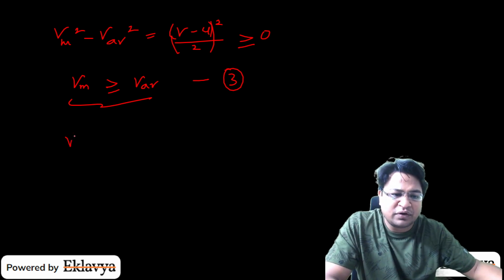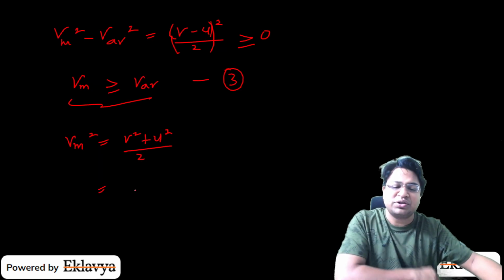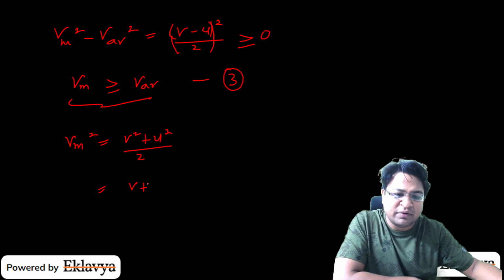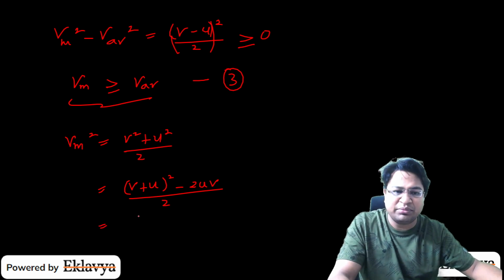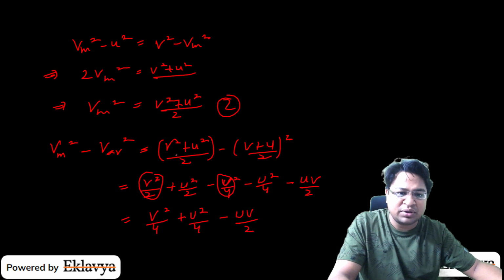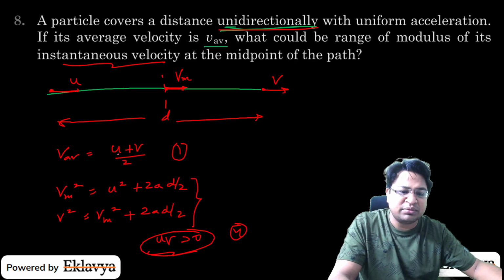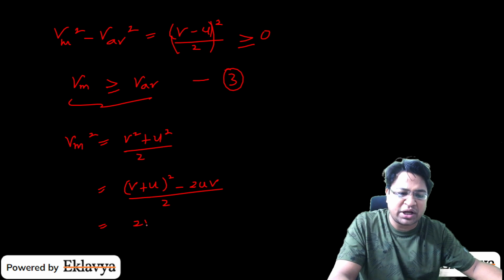Let us start from Vm square is equal to (V square plus U square) by 2. That was our equation number 2. Now V square plus U square can be written as (V plus U) square minus 2UV. And from equation number one, U plus V can be written as 2 times V average.